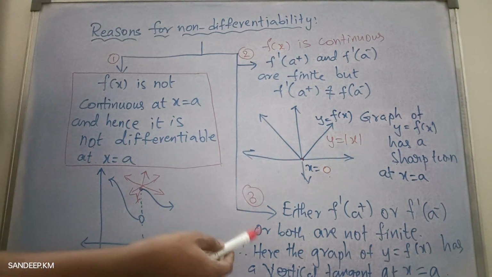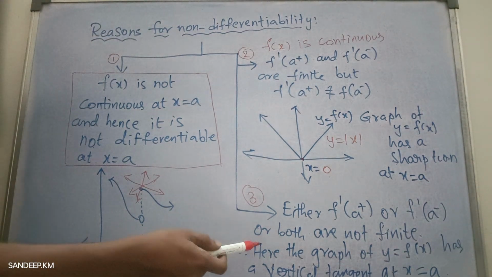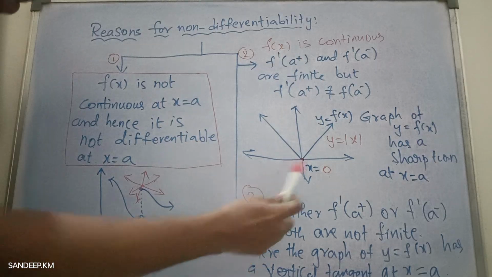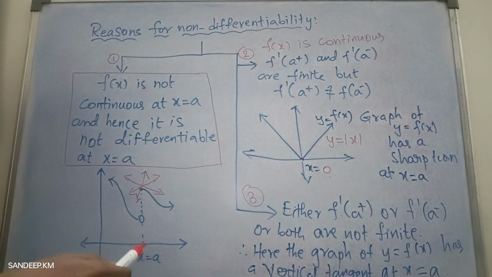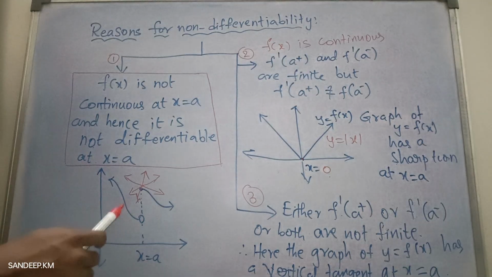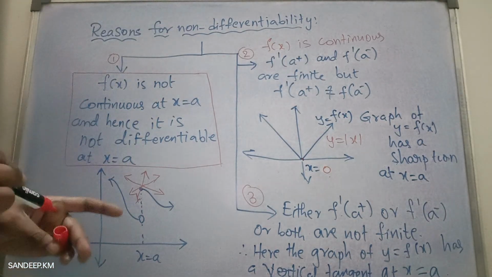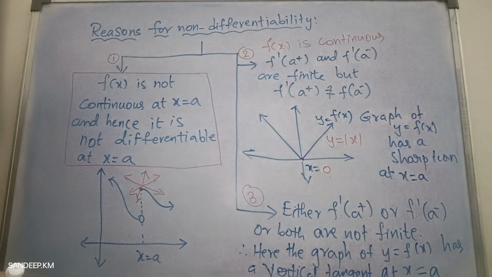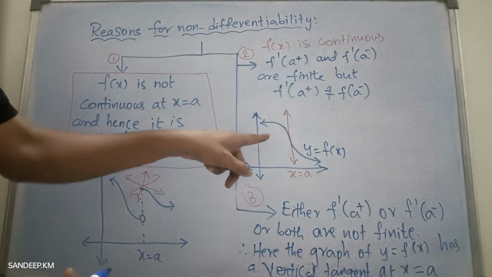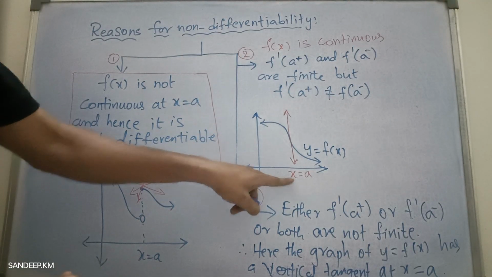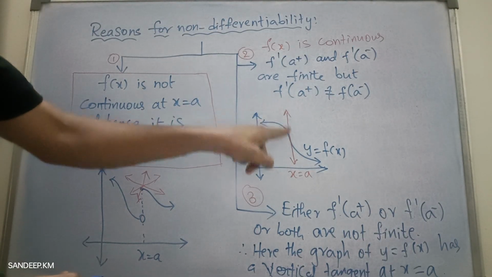If you see the graphs of the functions where one of these is not finite, we can observe a vertical tangent at x is equal to a. Let me show you a simple example for that. Here is the graph of one such function. At x is equal to a, the graph has a vertical tangent.